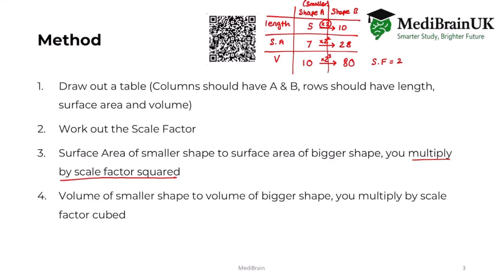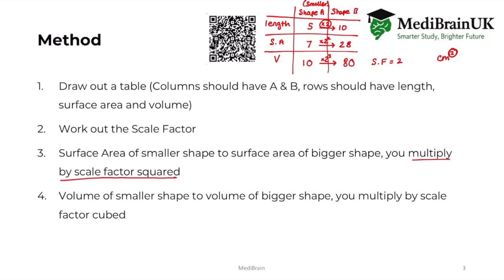Your surface area, to get from the surface area of one shape to another, you have to multiply by the scale factor, but this time it would be squared. Okay, you multiply by the scale factor squared, because surface area has units like centimeters squared. Because there's a square there, that's why you're multiplying by the scale factor squared.